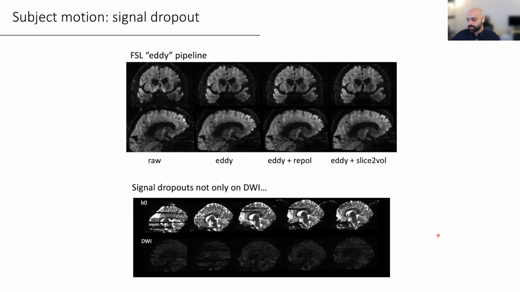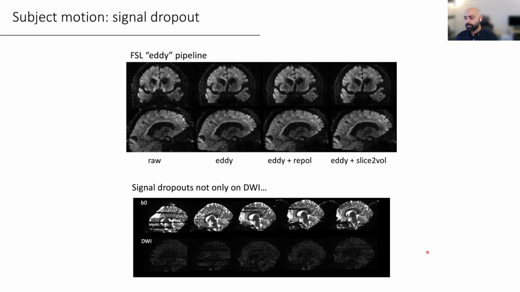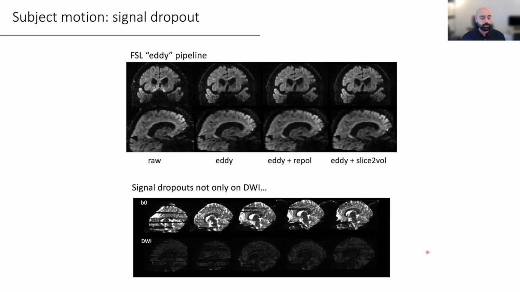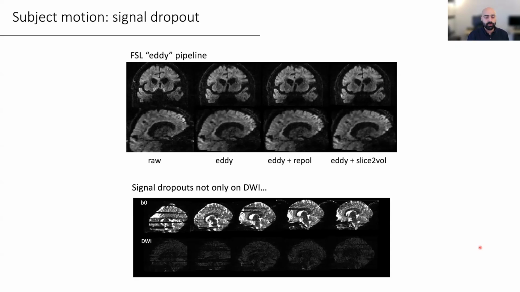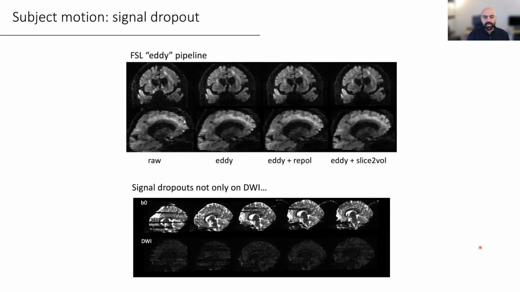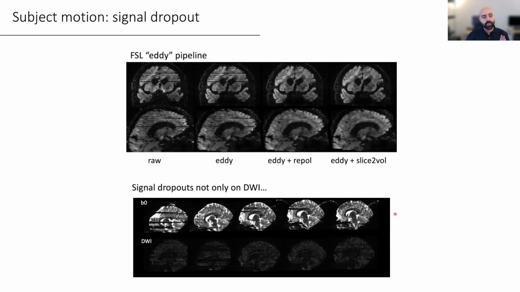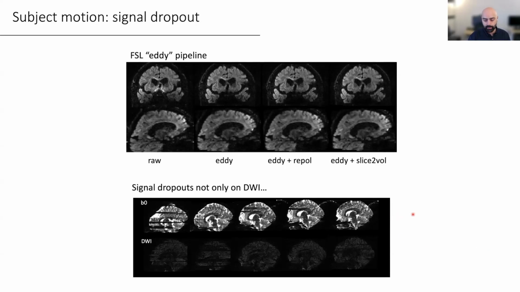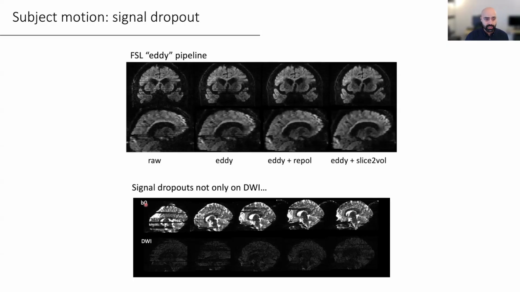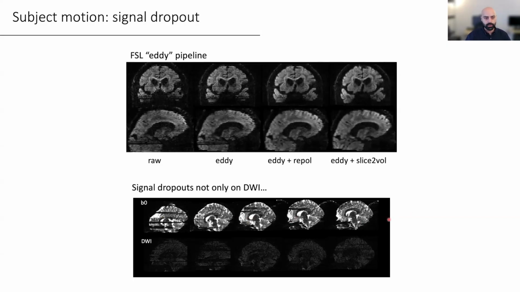And most of the time, unless you're dealing with more special populations like kids or elderly or patients with difficulty staying still, for most data, the B0s should be okay, but it's always worth checking them and visually inspecting them, because if there are issues like this in the B0s, they should be discarded if not corrected properly.